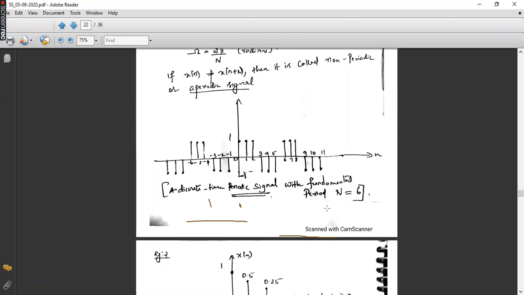Draw this graph. All of you draw this graph. In the y-axis, put x of n. In the x-axis, put n. Draw this graph and check whether our condition is being satisfied or not. Also find the fundamental time period.